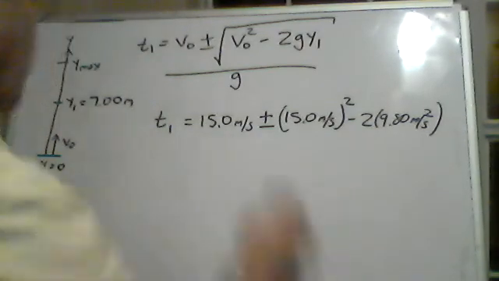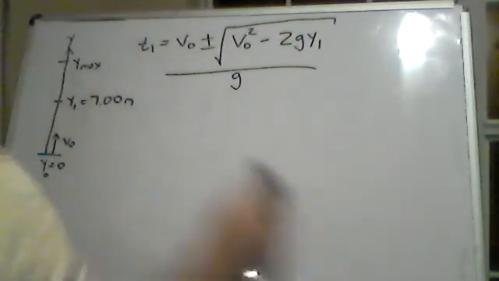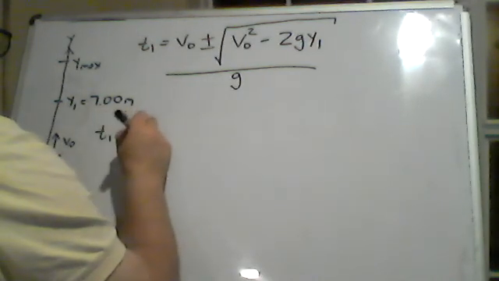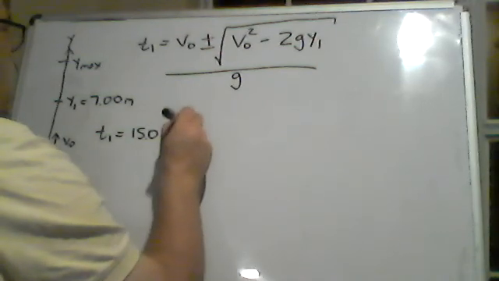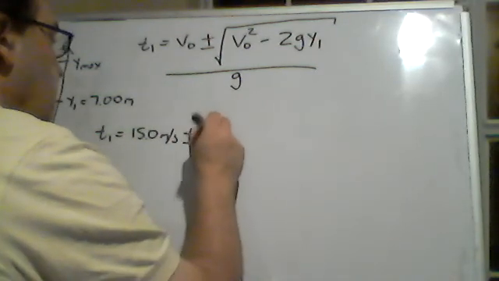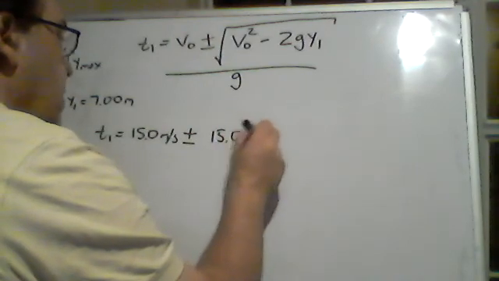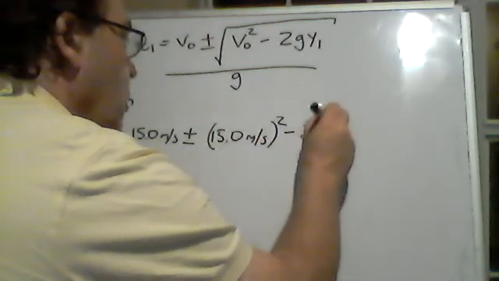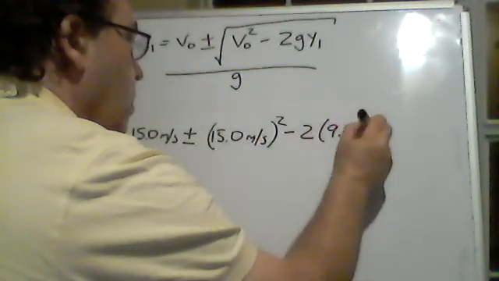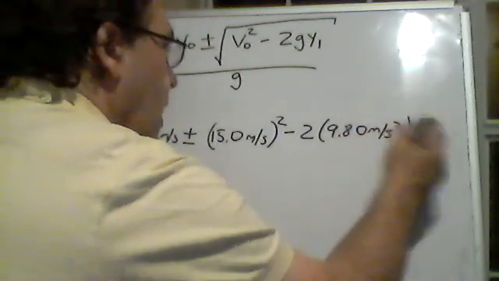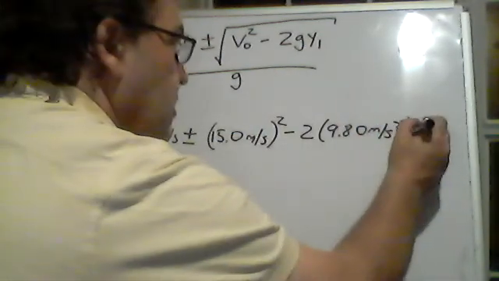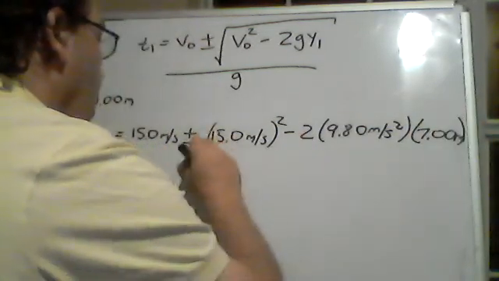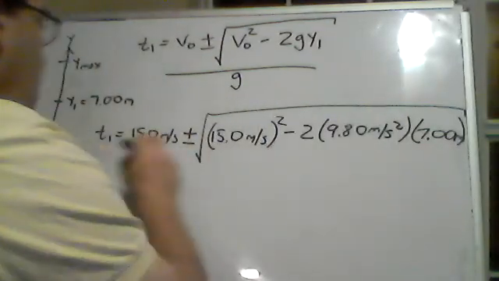Let me write this better. T1 is 15.0 meters per second plus or minus the square root of 15.0 meters per second quantity squared minus 2 times 9.80 meters per second squared times the height of the tree branch above the ground, 7.00 meters. All of this is under a radical.